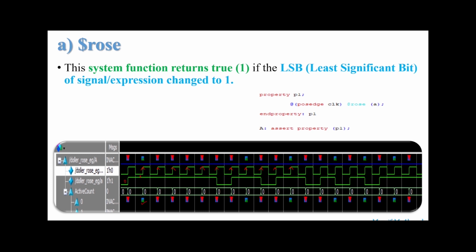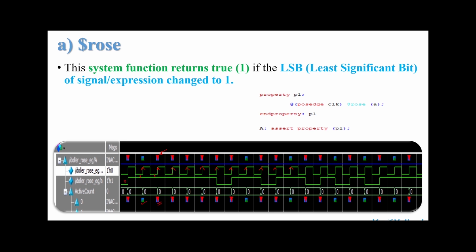Let's try to understand another clock cycle. As you can see over here, at this clock edge, at this passage of clock, the value of A is 1. So it is not changing from 0 to 1. Hence the assertion is failing over here.